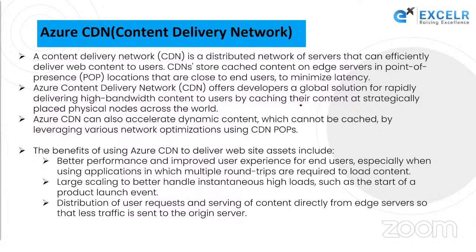So you can dynamically accelerate, you can remove it, you can cache it, whatever the content is there on your edge locations. It is also possible to do that. What are the benefits? Very obvious. It improves the performance and gives a better experience for the end user, so they'll be able to use your application in a better way.